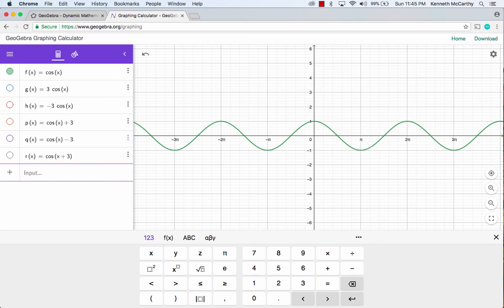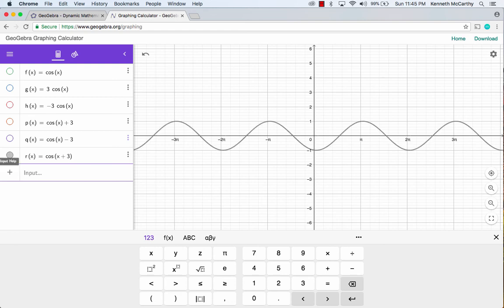So now let's look at x plus 3. Alright, so what happened is the graph has been shifted, but not vertically. Horizontally, negative 3 units. How do I know negative 3? Because this right here is negative pi, so that's negative 3.14.